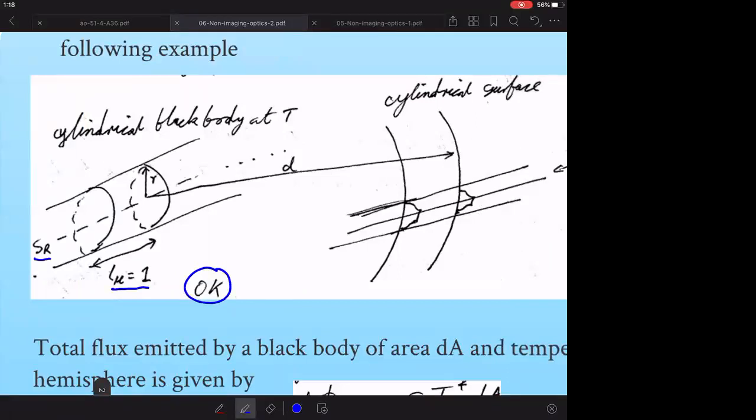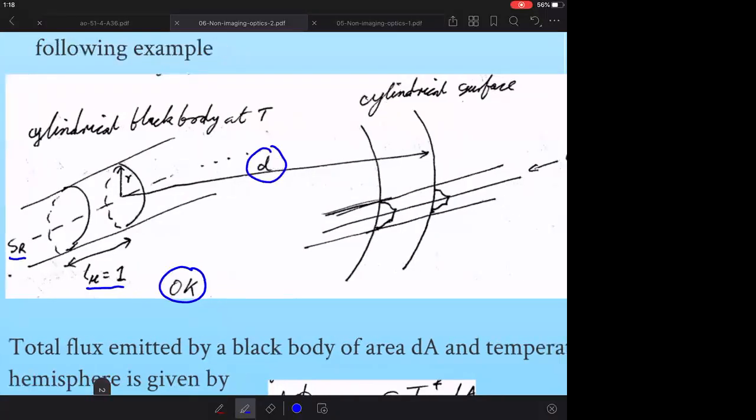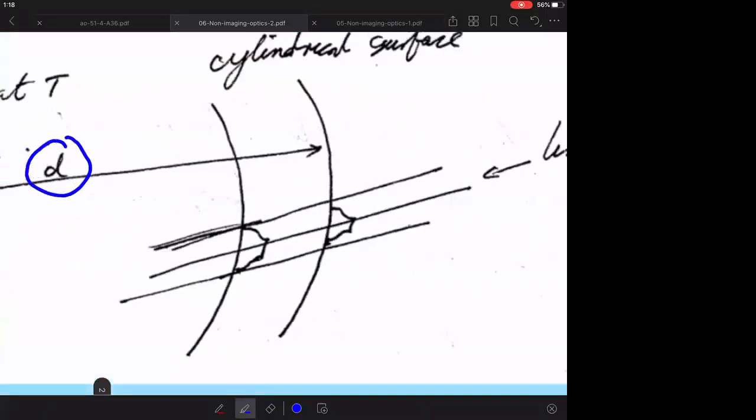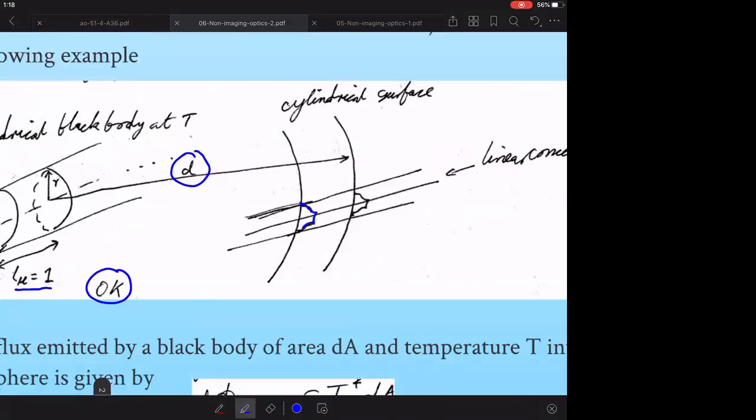We're calling this the source. And we're going to put a cylindrical CPC, or a 2-dimensional CPC, at a distance d away from the source, as shown here. This is the CPC, and it's drawn like this because it's cylindrical, so it's infinitely long in that direction.